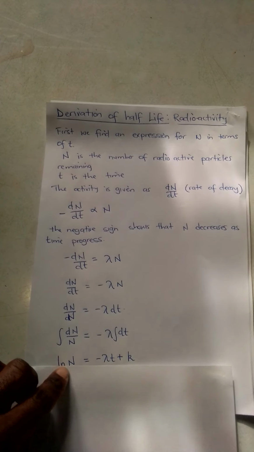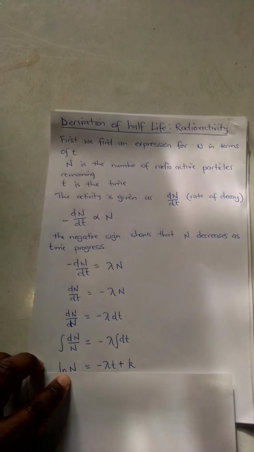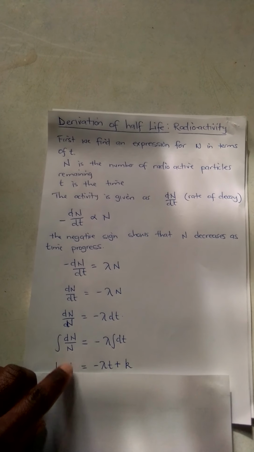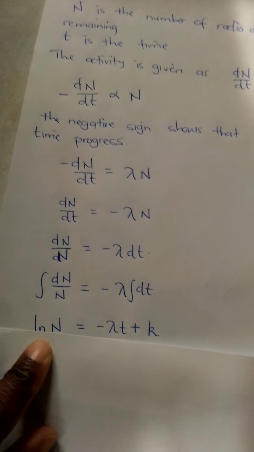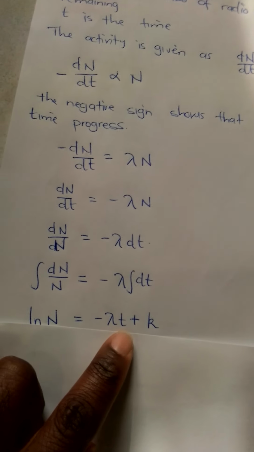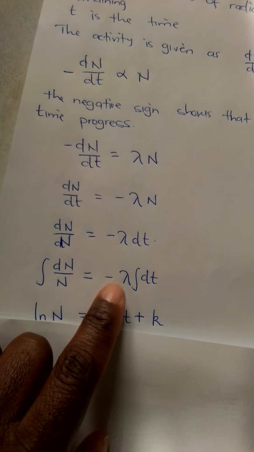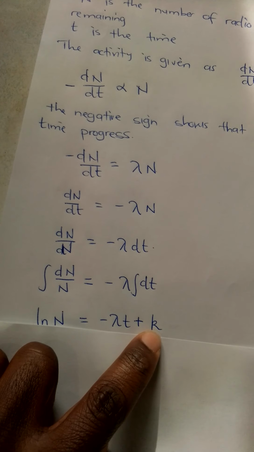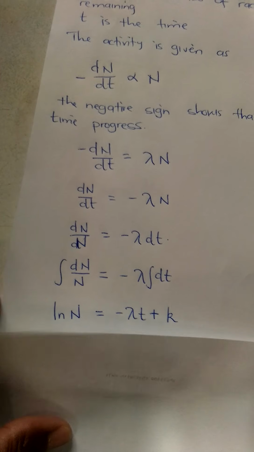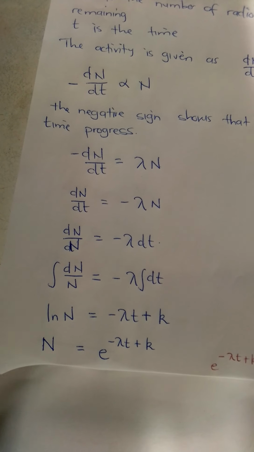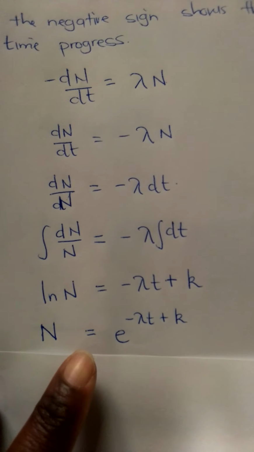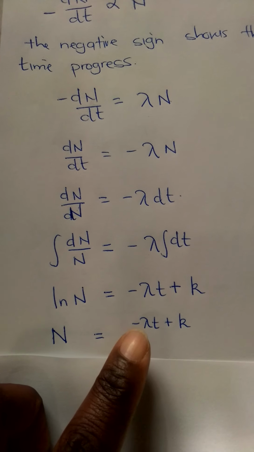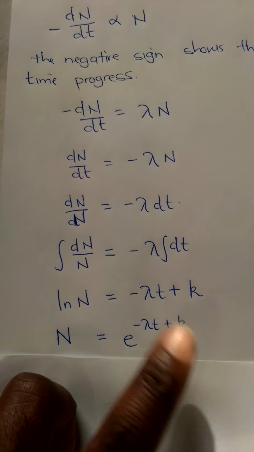Next, the integral of dN over N is the natural logarithm of N, and that equals minus lambda t, and then a constant k. From there, you'll find that N is equal to e to the power negative lambda t plus k.